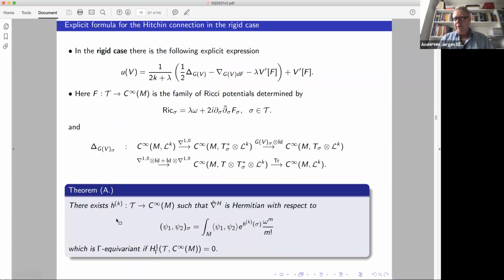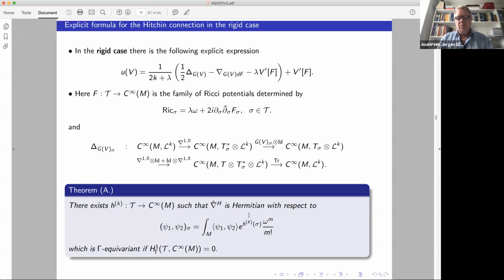But another very nice property is that this connection is actually Hermitian with respect to a Hermitian inner product, exactly like I proposed before. So there exists a smooth map from T to smooth functions on M in such a way that when you write down this Hermitian structure, it's preserved by the connection.